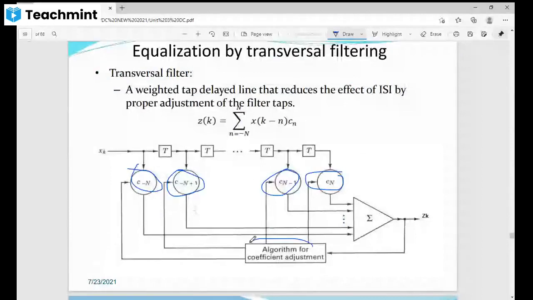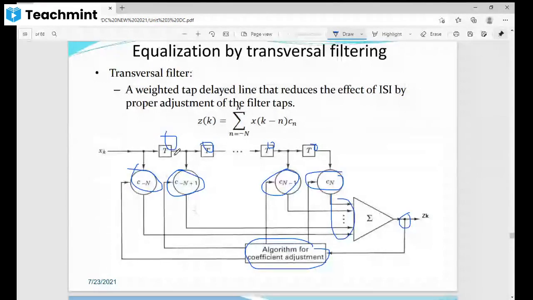An algorithm is used for coefficient adjustment, by taking feedback from the addition of all these. These are the taps of the transversal filter, a weighted tap delay line.